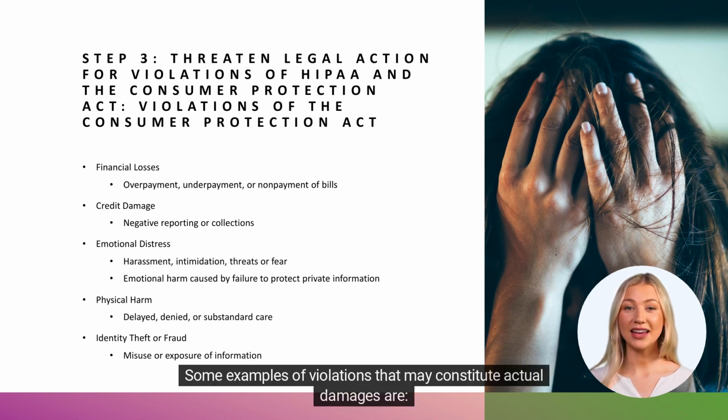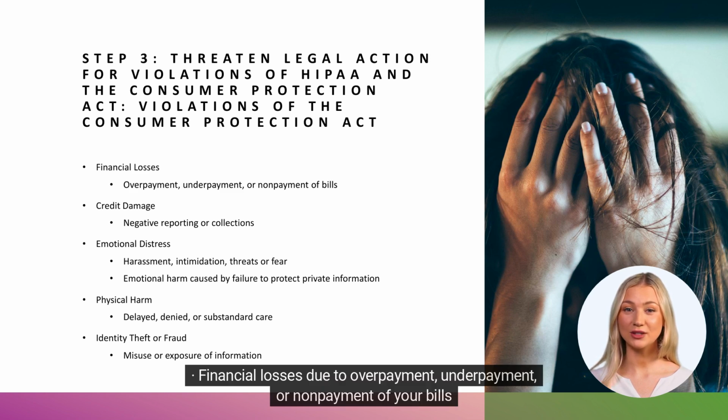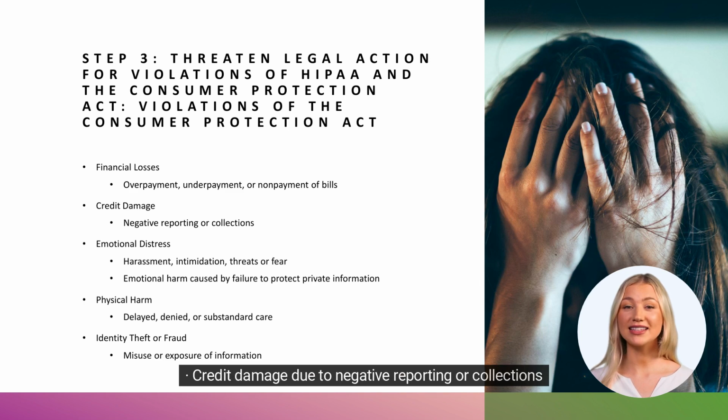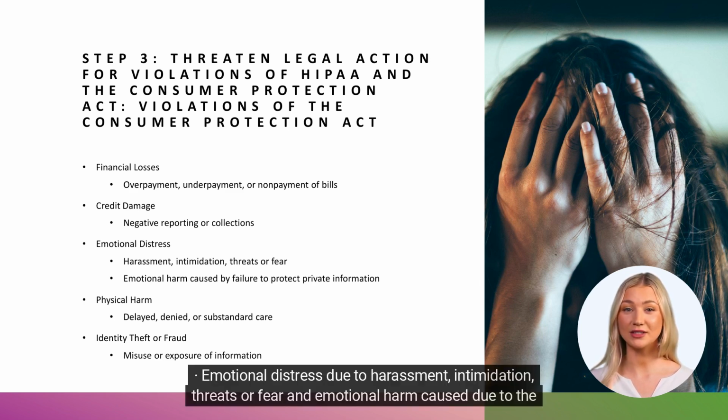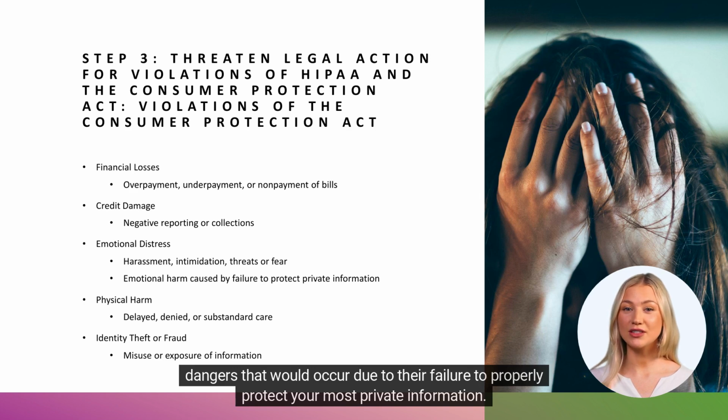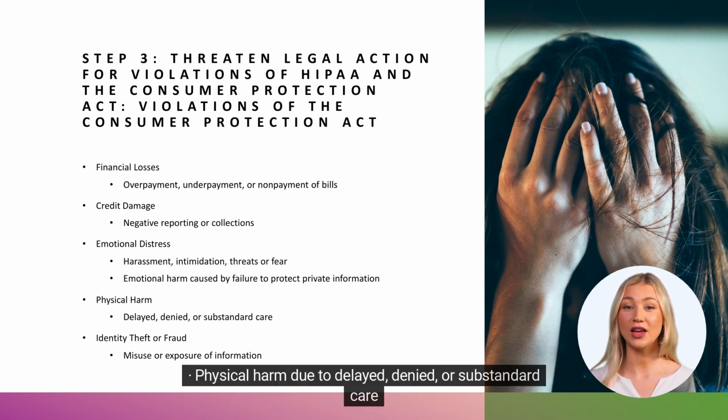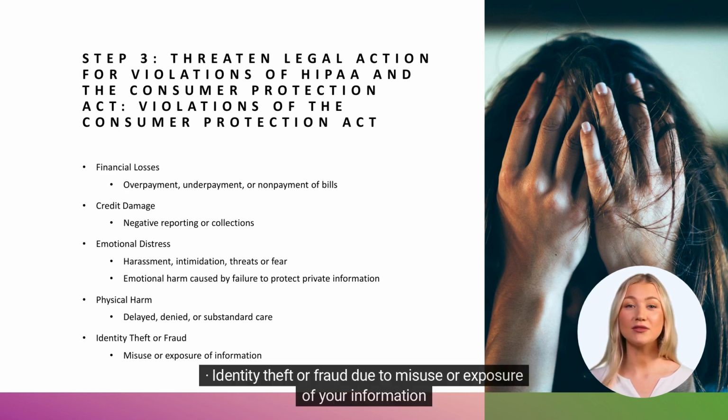Some examples of violations that may constitute actual damages are financial losses due to overpayment, underpayment, or non-payment of your bills, credit damage due to negative reporting or collections, emotional distress due to harassment, intimidation, threats or fear, and emotional harm caused due to the dangers that would occur due to their failure to properly protect your most private information, physical harm due to delayed, denied, or substandard care, identity theft or fraud due to misuse or exposure of your information.